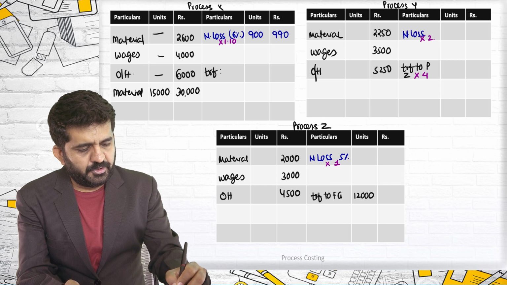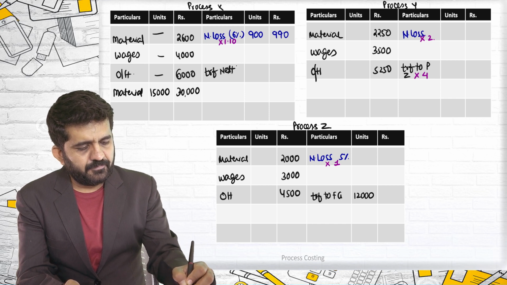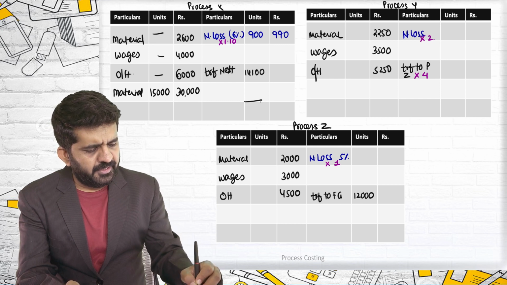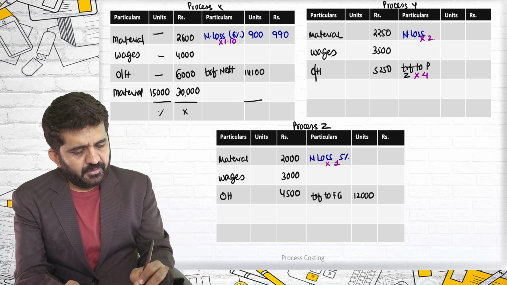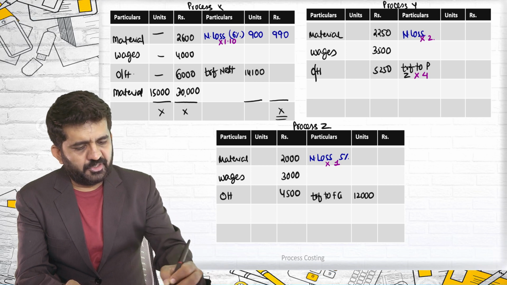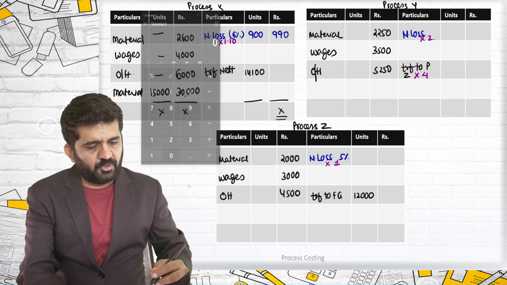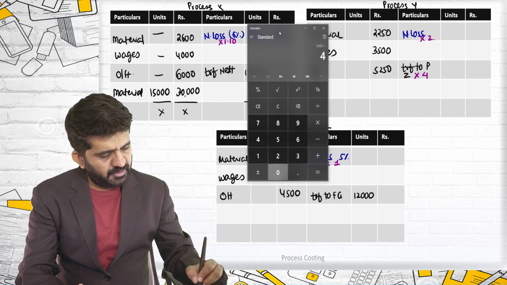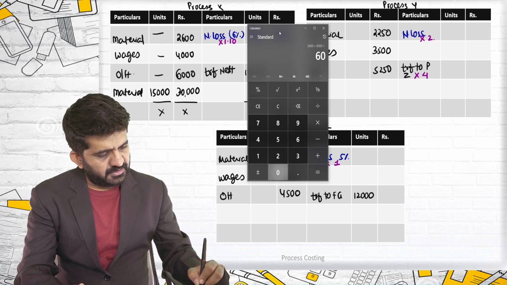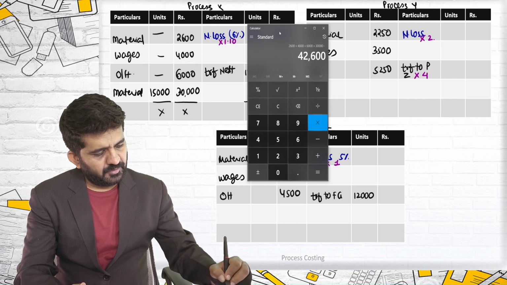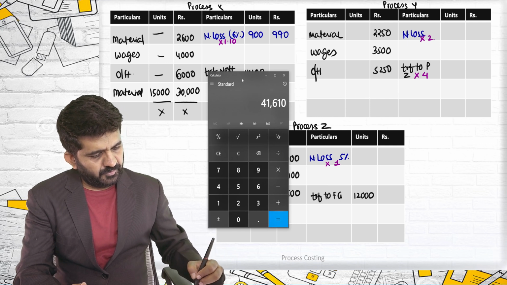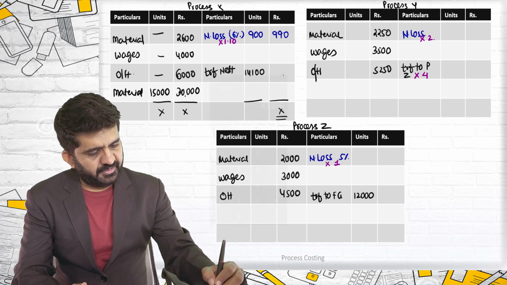So transferred to next process will be the balance, that is 14,100 units at normal cost. And what will be my normal cost? 2,600 plus 4,000 plus 6,000 plus 30,000 minus 990, which is 41,610.